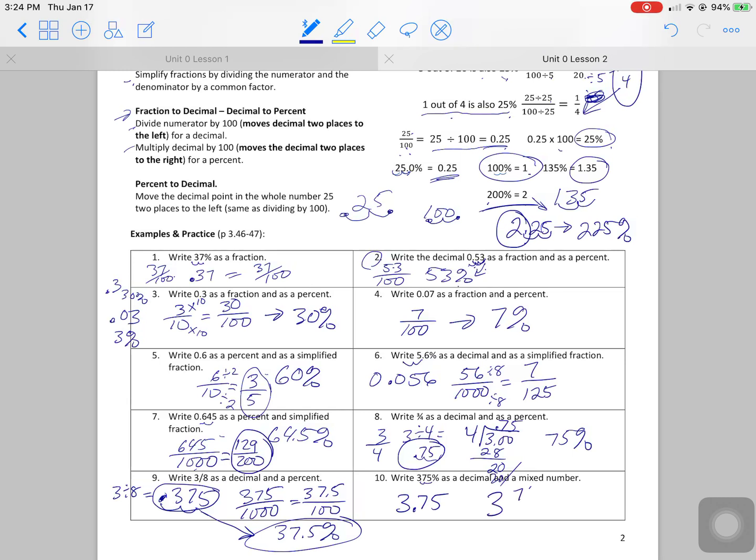So 3 and 75/100ths. Reduce this by 5, reduce it by 25. We can reduce it by 25. Do 5 at a time, and then you'll get there. That's the mixed number. That's the decimal.